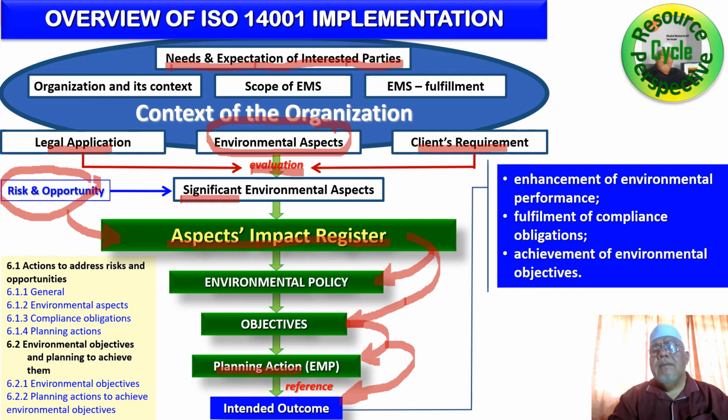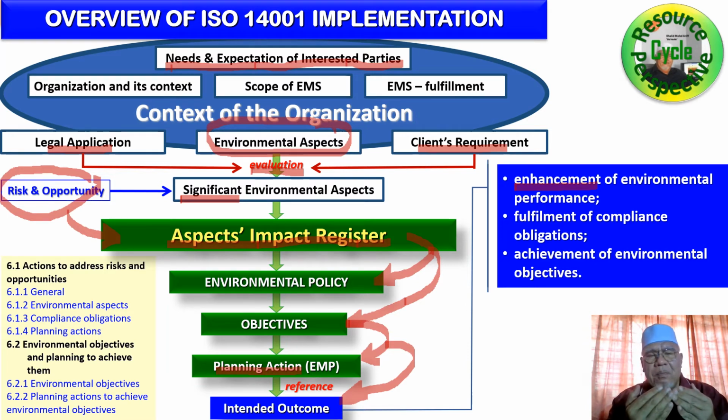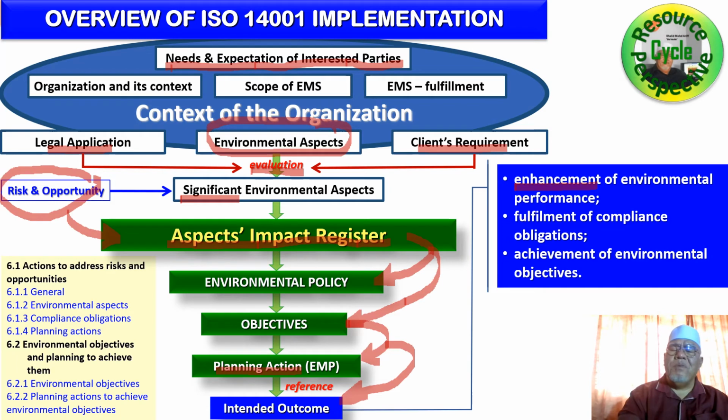And the intended outcome has got to include this: enhancement of environmental performance. We have to display our performance, and if it can be improved, we want to improve it. It shall be reflected in our objectives, targets and environmental management program.